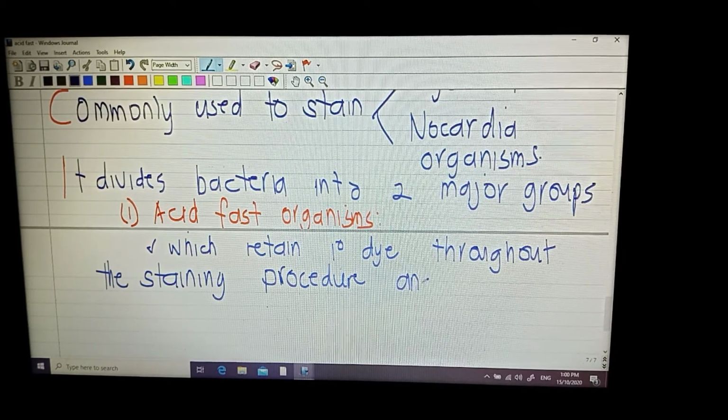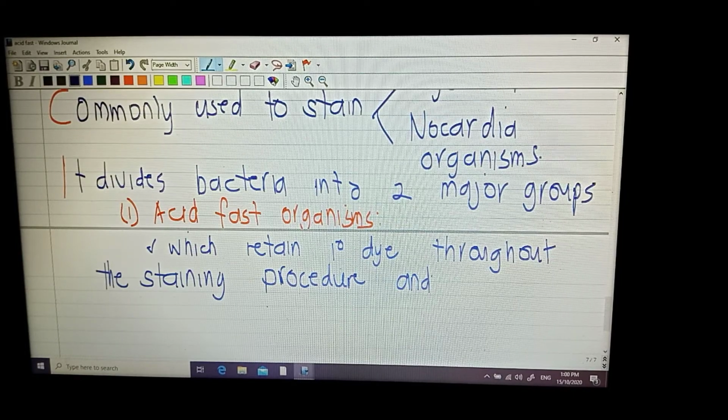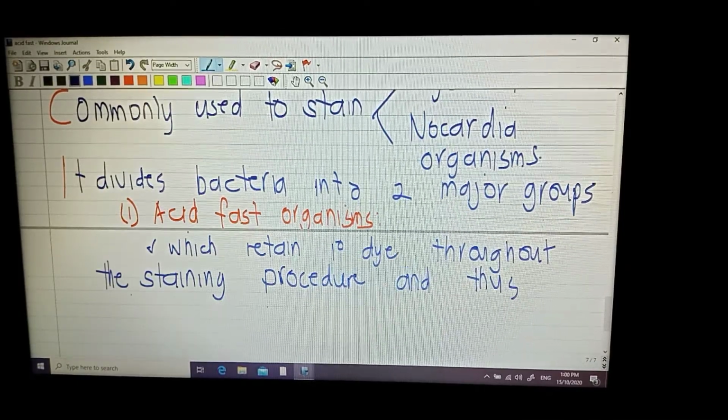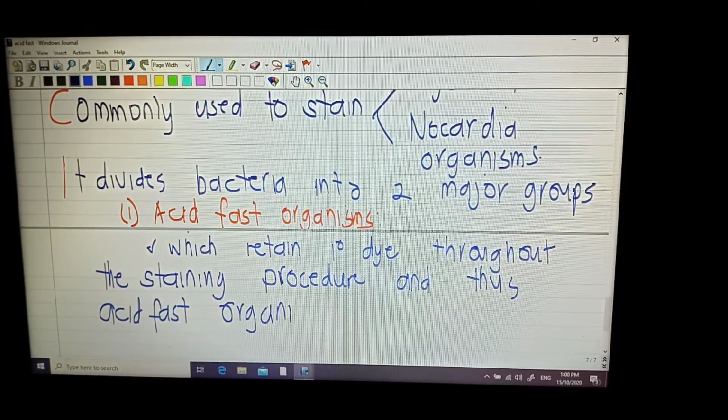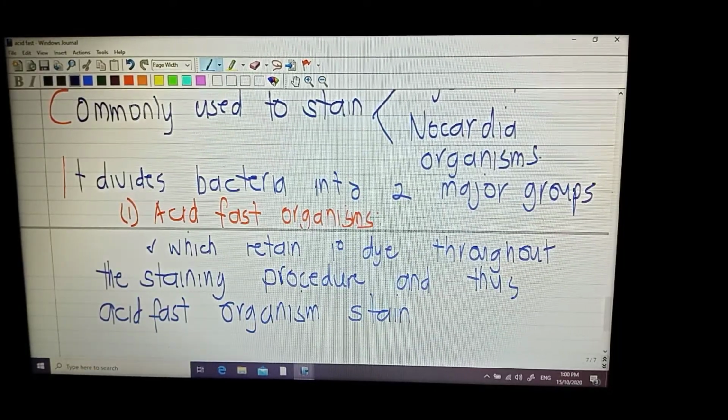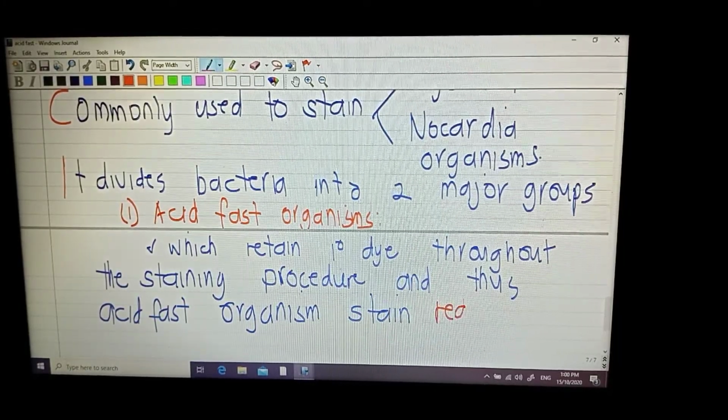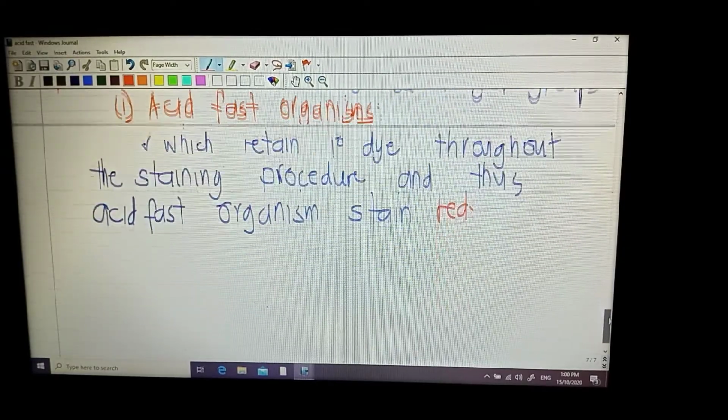And since they retain the primary dye all throughout the staining procedure, acid-fast organisms stain, what color? Stain red. That is the characteristic of your acid-fast organism.